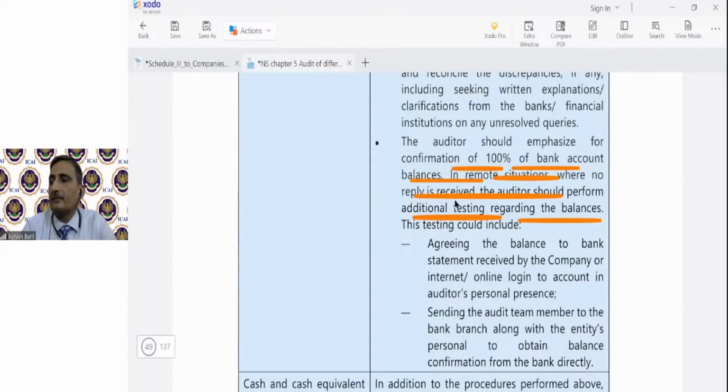Yes, sundry debtors can be inclusive of trade debtors.